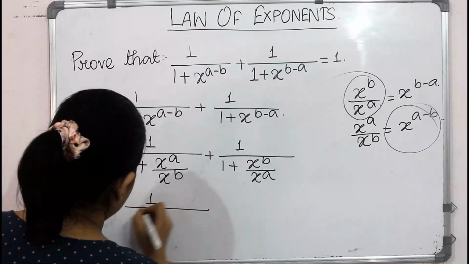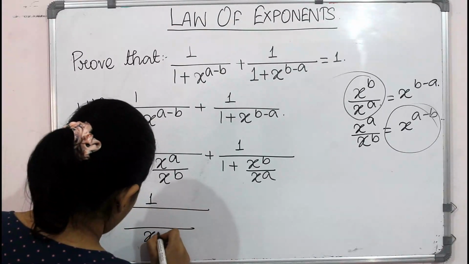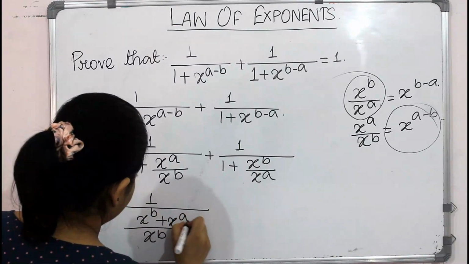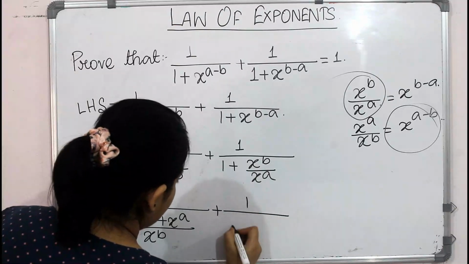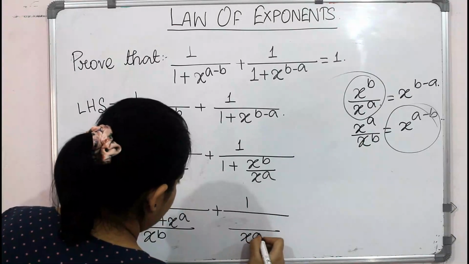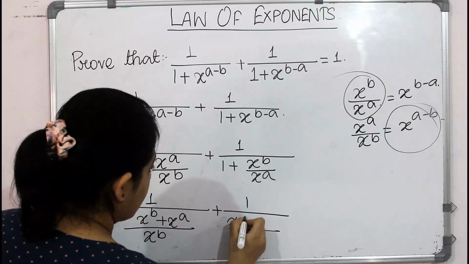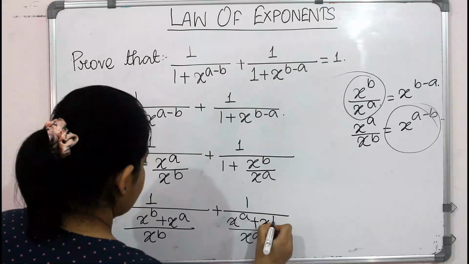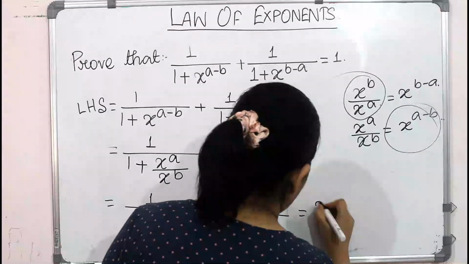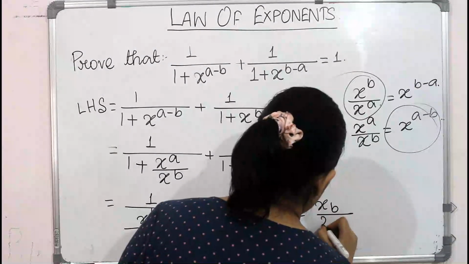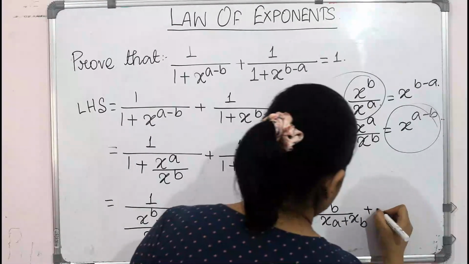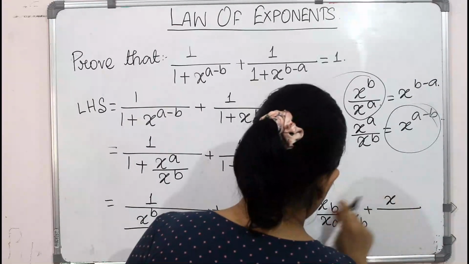So this is becoming 1 divided by x to the power of b plus x to the power of a, plus 1 divided by 1 plus... LCM is x to the power of a. So this is x to the power of a plus x to the power of b. So x to the power of b will be taken as the numerator here.